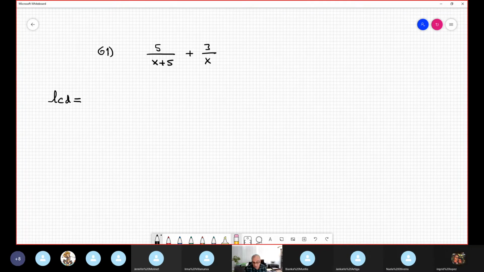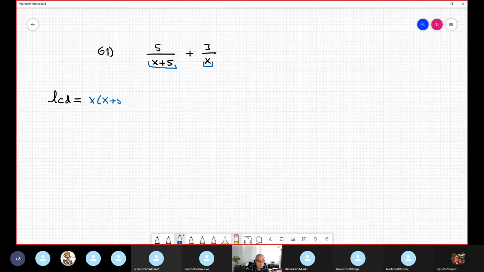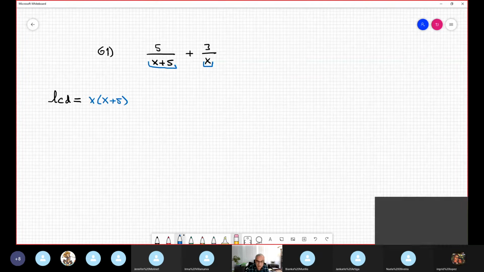Okay, but in this case, because in the denominator we have one expression that is x plus 5 and x, and we consider that both are completely different, the least common denominator is both. You take x times x plus 5. Do you follow me? Or you need extra explanation?